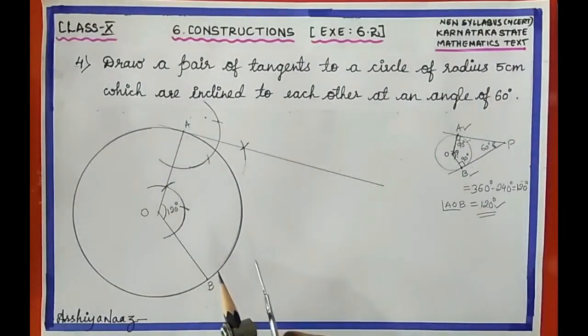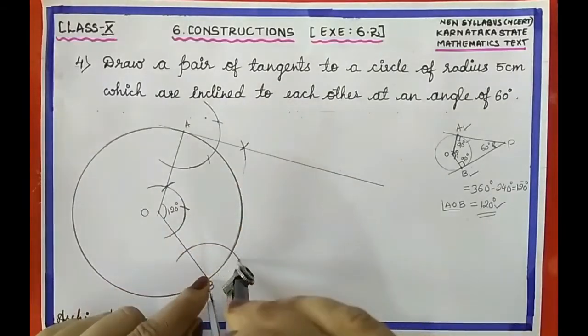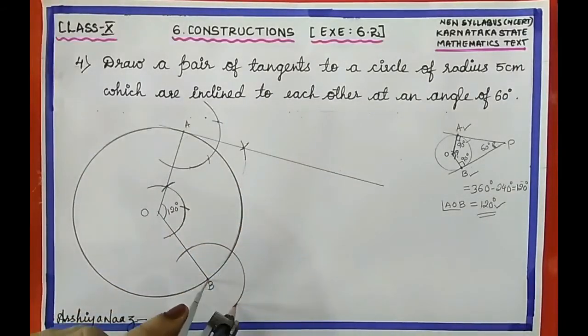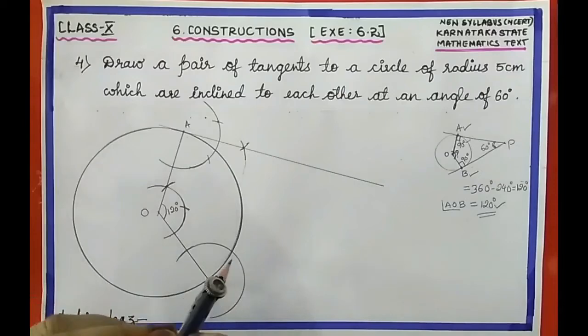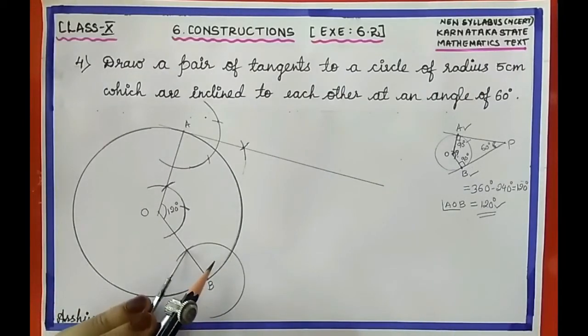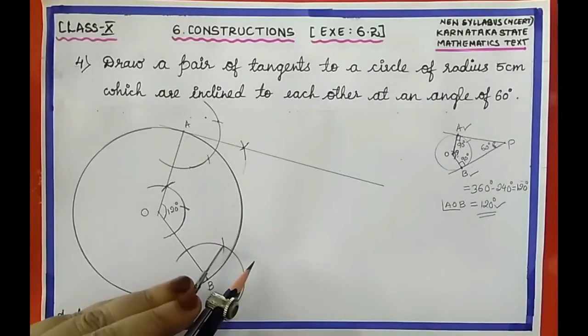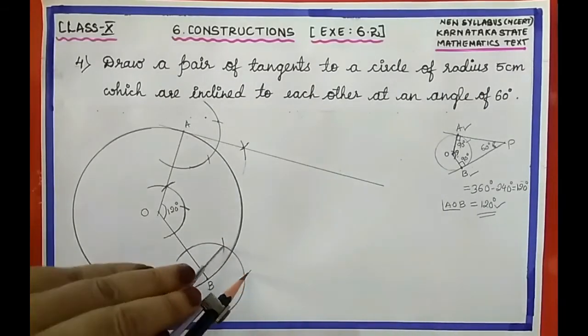Now repeat the same procedure at the point B, because we need to construct another right angle here. So with any radius, draw an arc. With the same radius from this point, cut the arc, and again from this point, cut the arc.